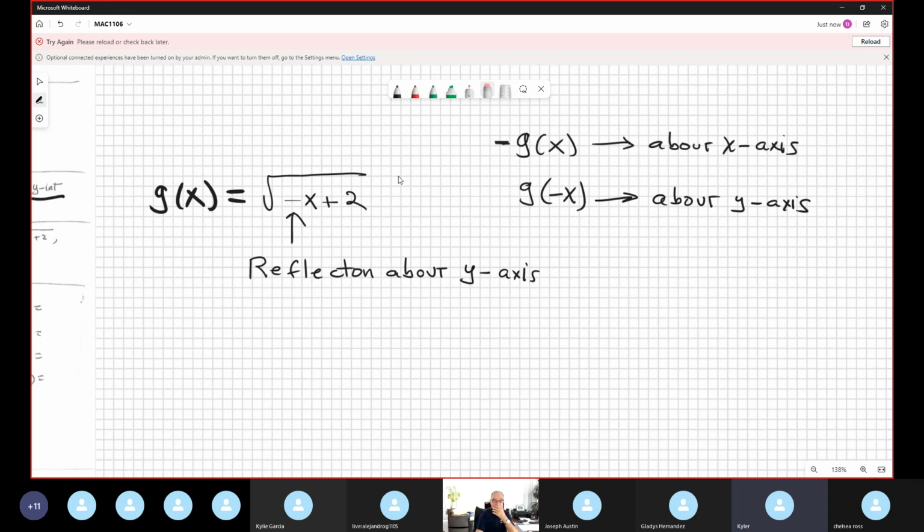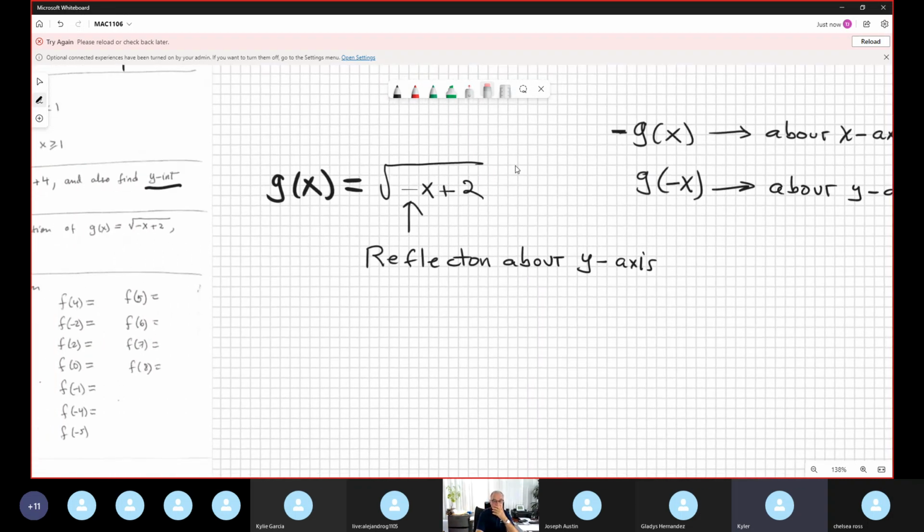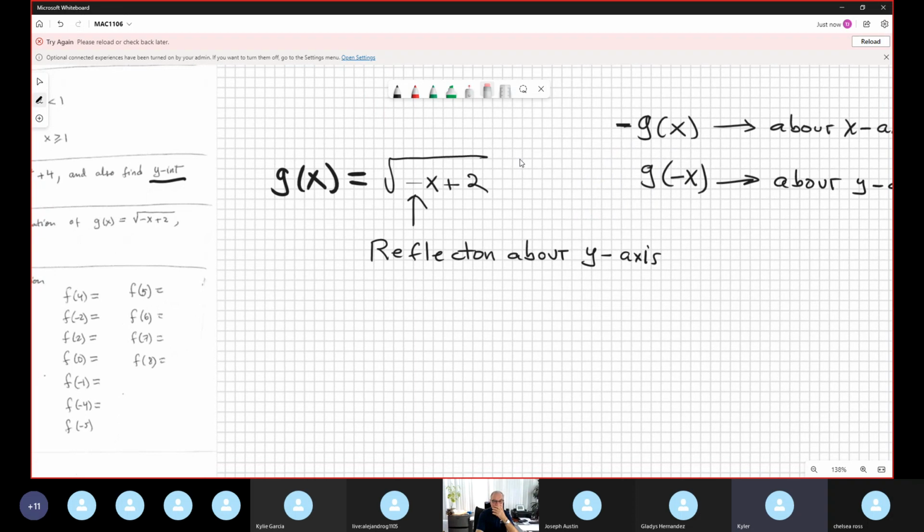However, this is a scenario in which it's not totally clear to see. So now I need to manipulate the expression inside a little bit to see more clearly. I propose you factor out -1. This -1 I put outside again, so I open a new parenthesis and put x minus 2.